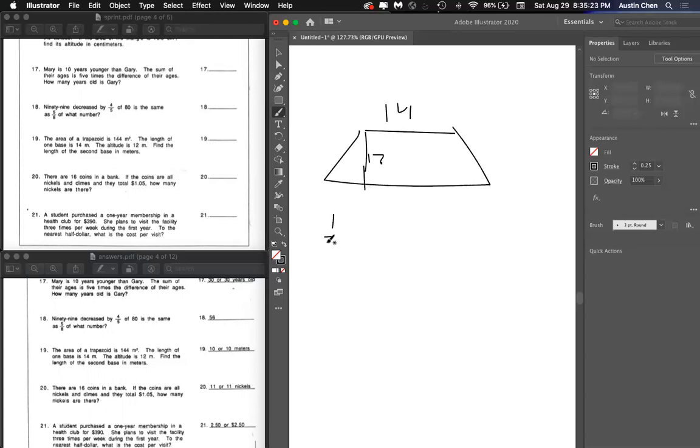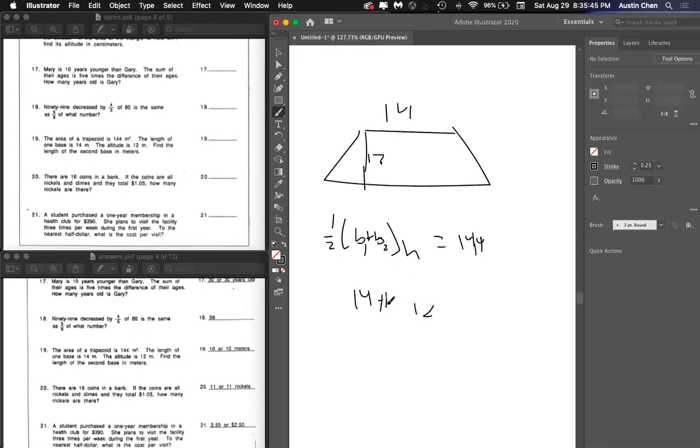So the area of a trapezoid is just 1/2 times base 1 plus base 2, times the altitude or height, and that equals 144 meters squared. We know base 1 is 14, we know height is 12.